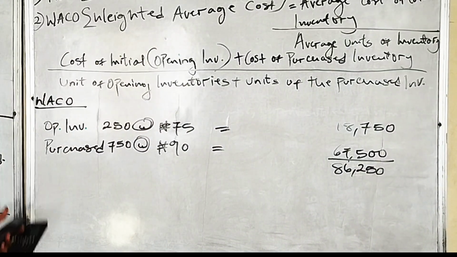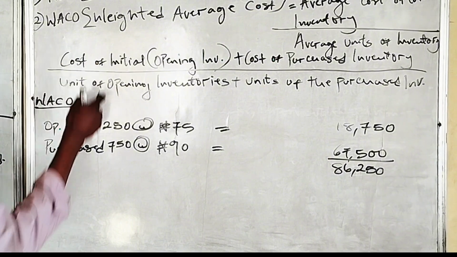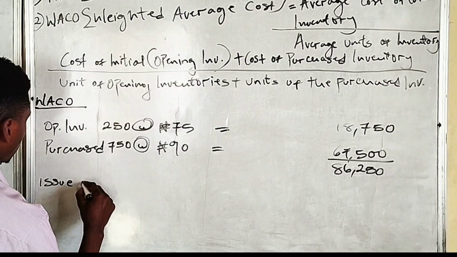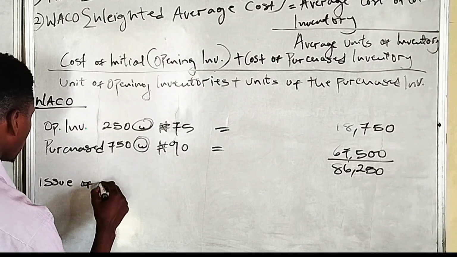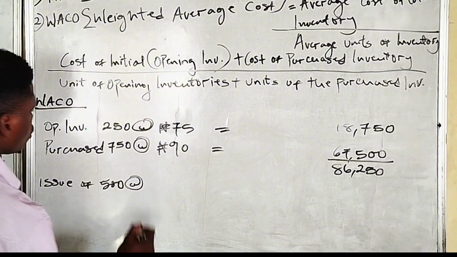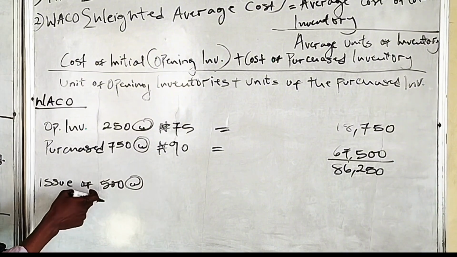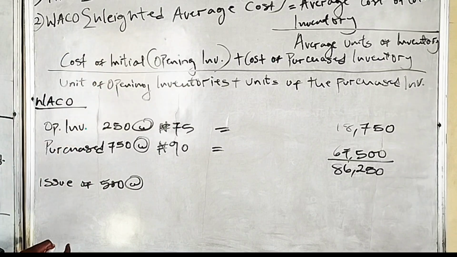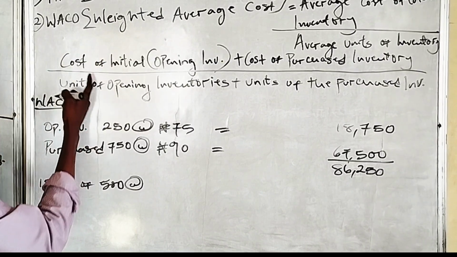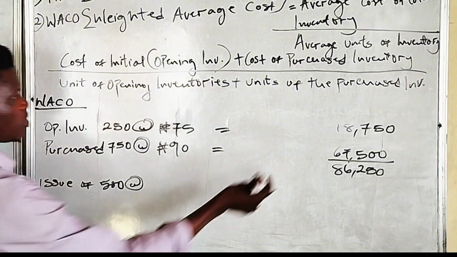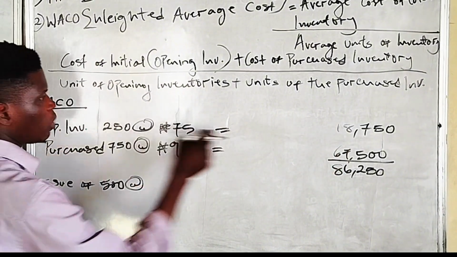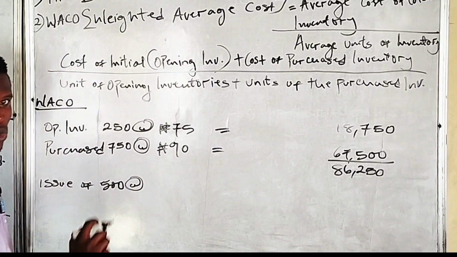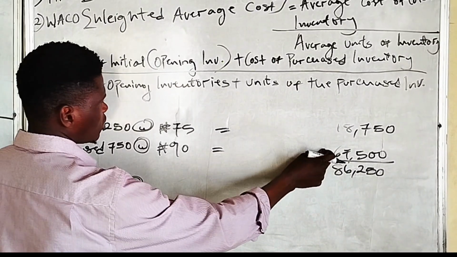So using weighted average cost method, we said we'll issue out 500 units. So the cost at which we will issue these 500 units is what we are trying to calculate. The formula is the total cost of the opening inventory plus the cost of purchased inventory till the point of issue, which is 67,500.